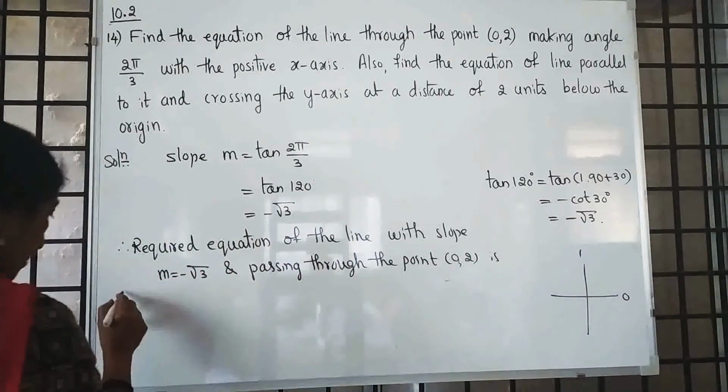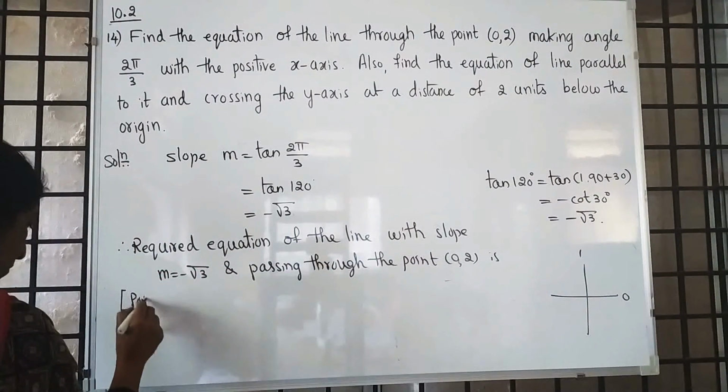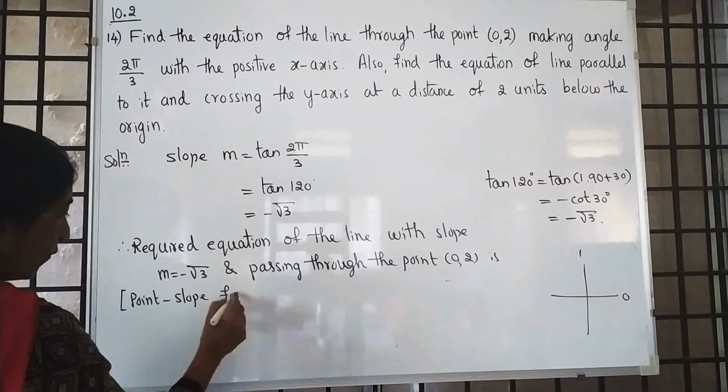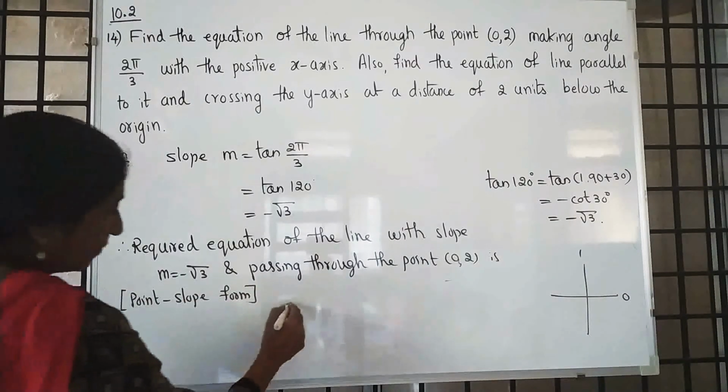Which formula? On the bracket write down. One point and one slope. Point slope form. Have you remembered the formula?